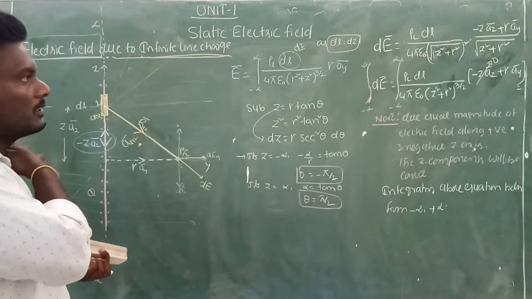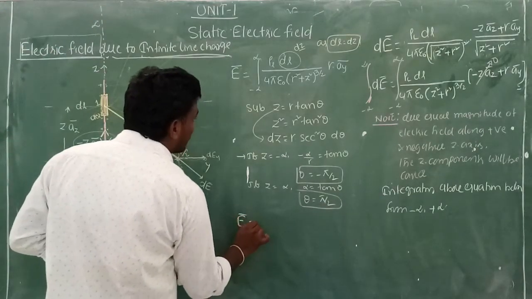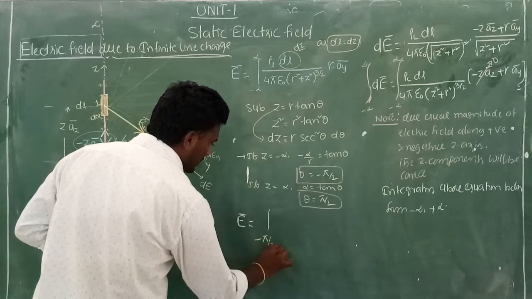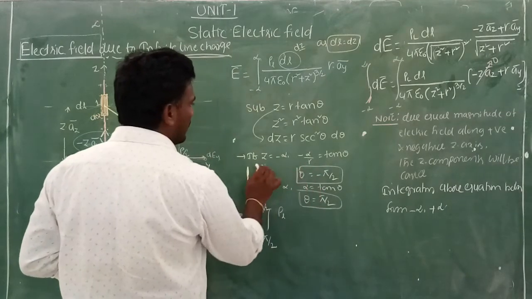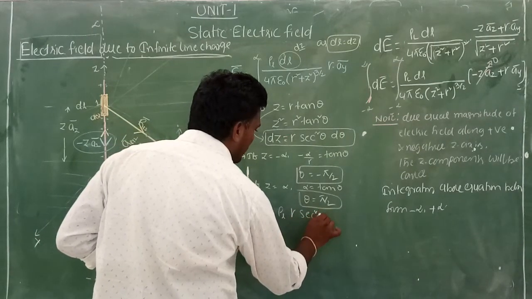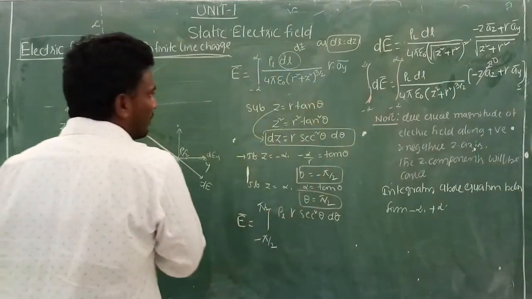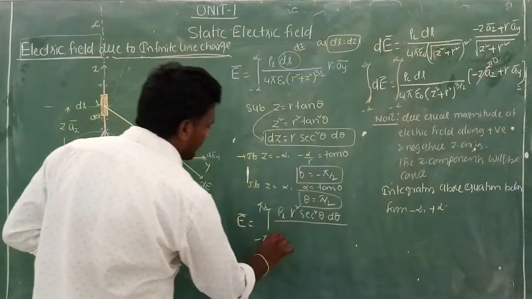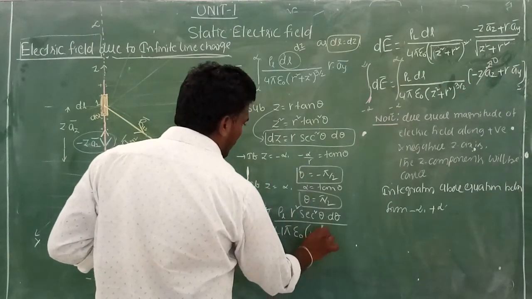Now substitute the z values in the above expression so that you will get E bar is equal to the integral from minus pi by 2 to plus pi by 2, rho L, in place of dz we substitute r secant square theta d theta, and we have one more r here, so that r into r becomes r square, by 4 pi epsilon naught into r square plus z square.